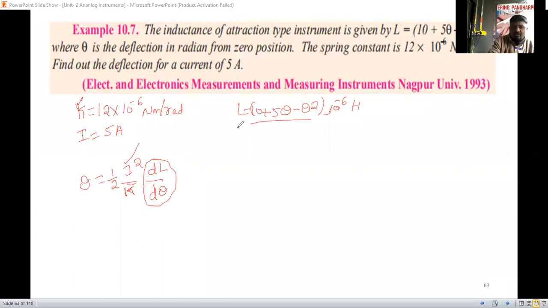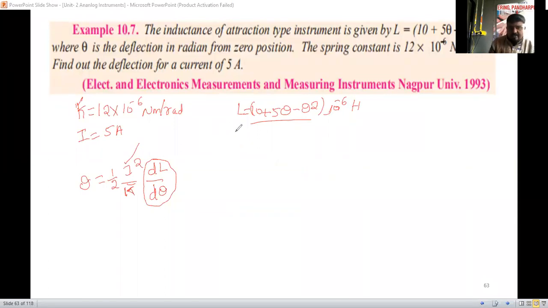This L we have to differentiate with respect to theta. So we will get dL by d theta. Yes or no? Yes, sir.